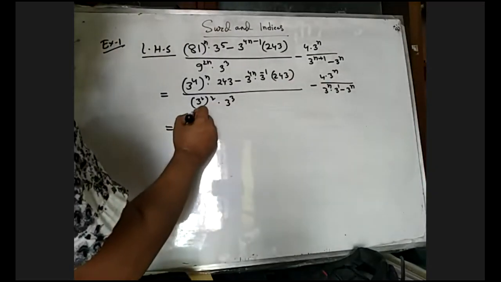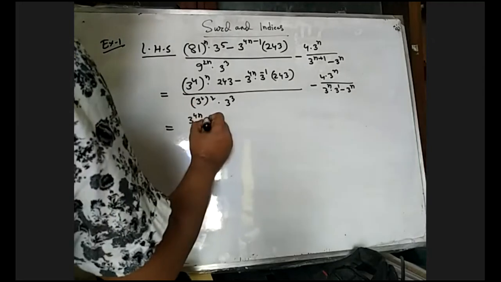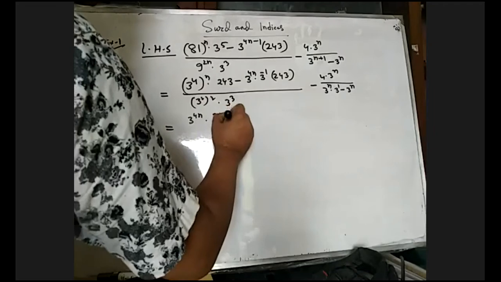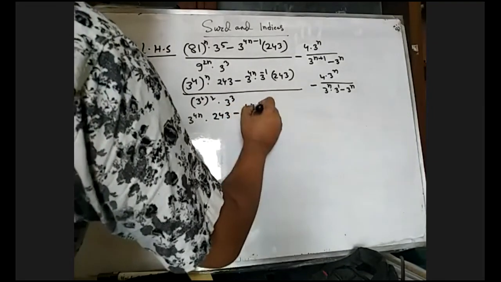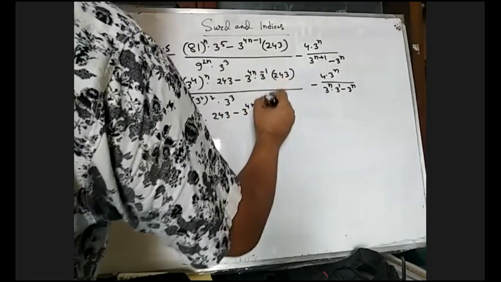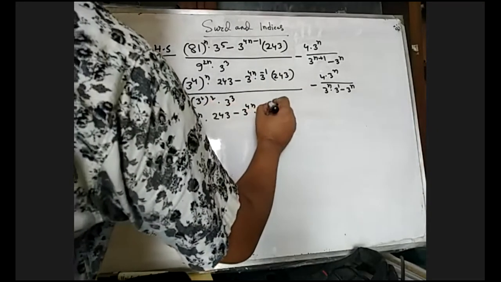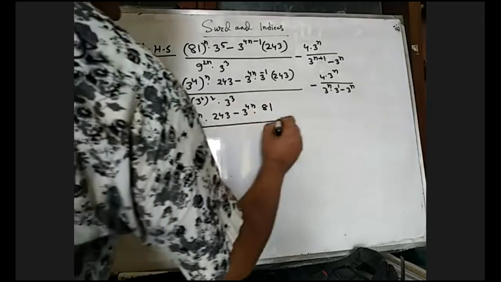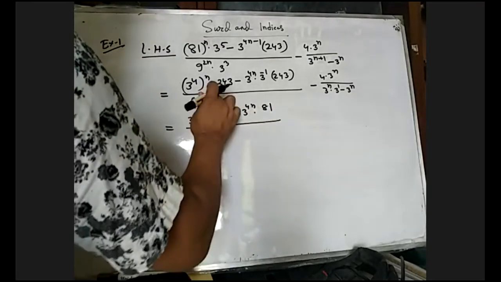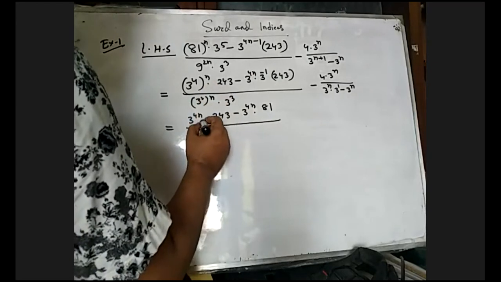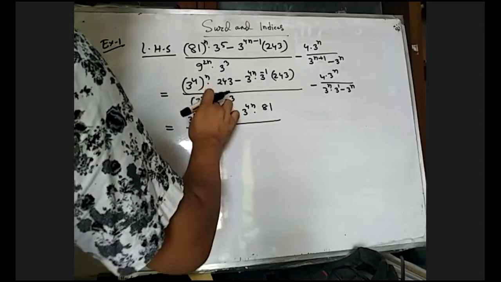Okay, this can be written as 3 to the power 4n into 243 minus 3 to the power 4n. This means 1 by 3, and 243 by 3 means 81, divided by 3 to the power twice n.